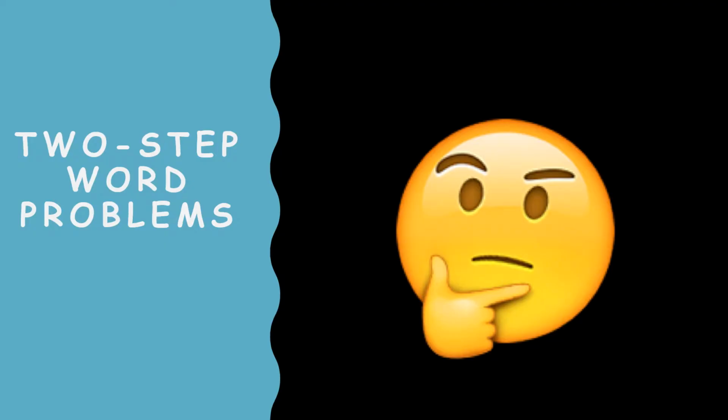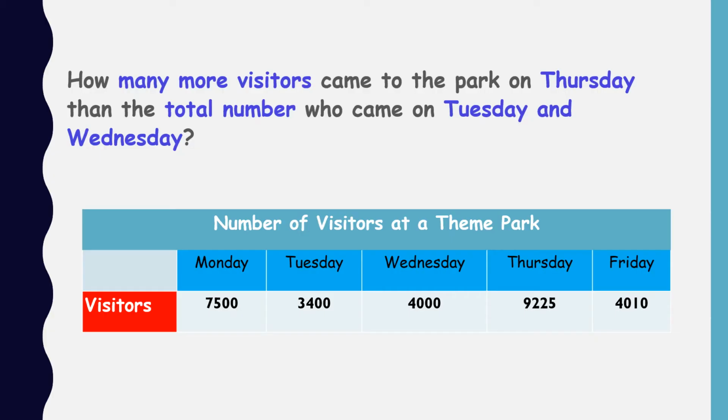Now we are going to move on to two-step word problems, which are going to require you to think about problems a little more critically. Now let's look at a two-step word problem. The question is, how many more visitors came to the park on Thursday than the total number who came on Tuesday and Wednesday?